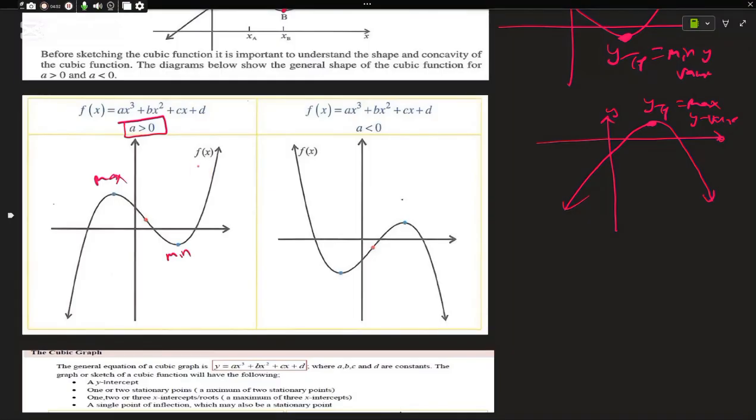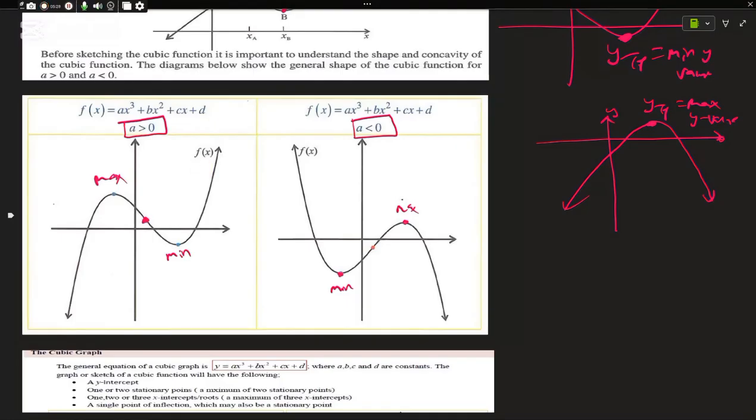So we start with the maximum turning point, then we come to the minimum turning point. When A is negative, the graph will be this way, meaning the first turning point will be the minimum, and then the second turning point will be the maximum turning point. Can you see there?